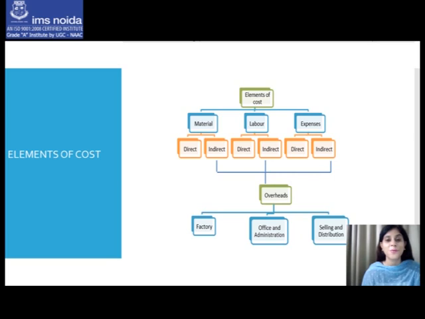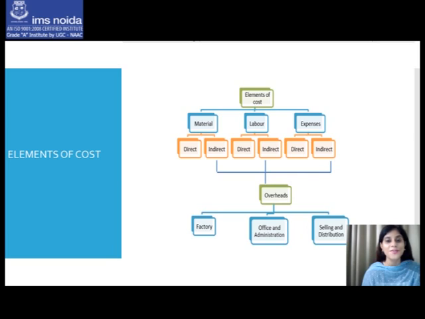Now we come to indirect labor. Indirect labor is the wages of labor which cannot be allocated but which can be apportioned to or absorbed by cost centers or cost units. In other words, wages paid to labor employed other than for production constitute indirect labor costs.